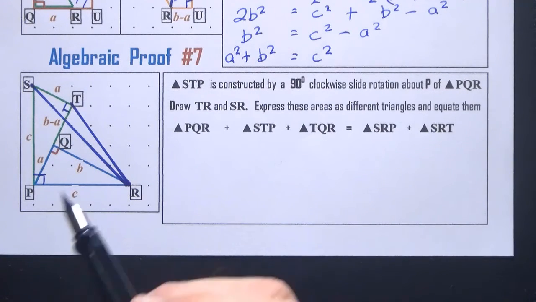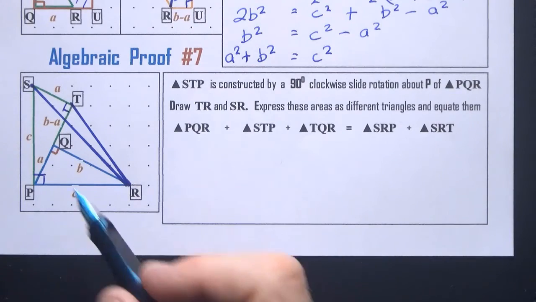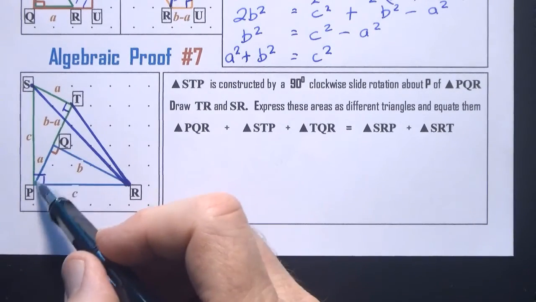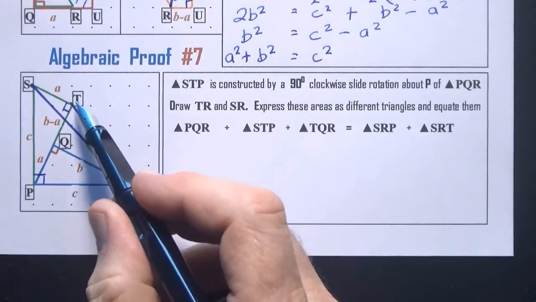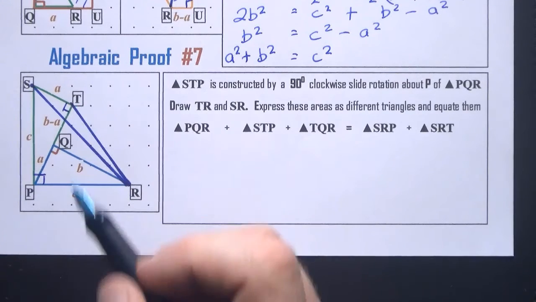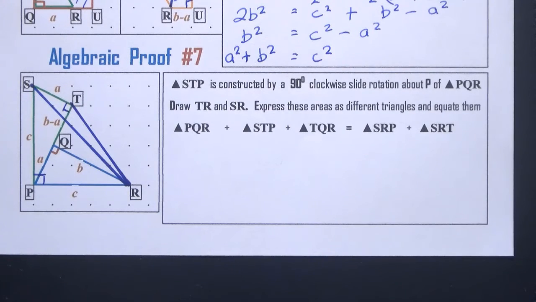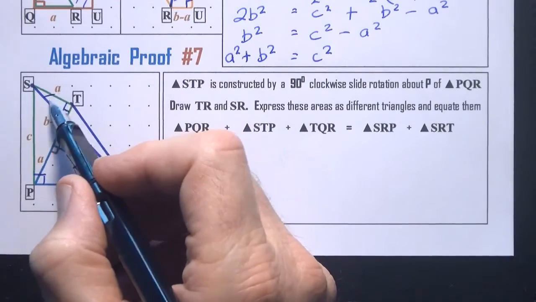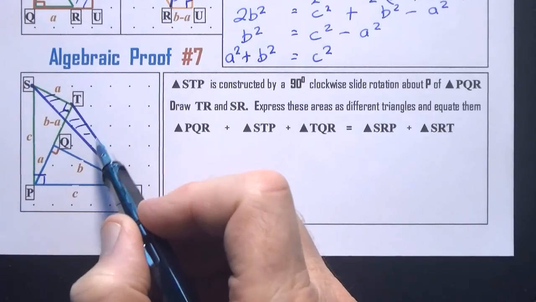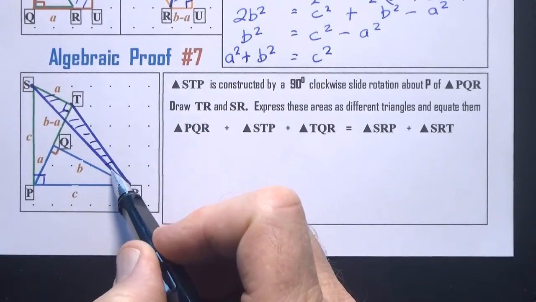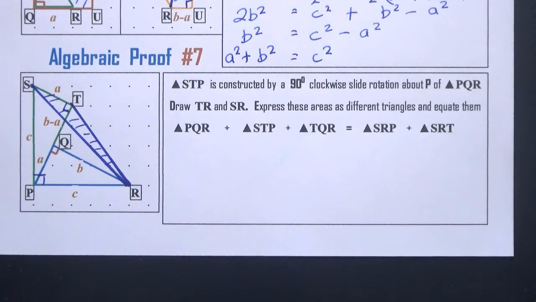Look at this diagram in two ways. I can see it's the addition of these three triangles, or I can see it is the addition of these two triangles. I'll deal with the three triangles first.